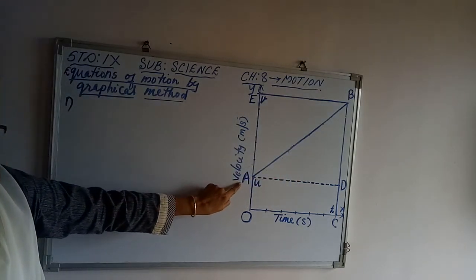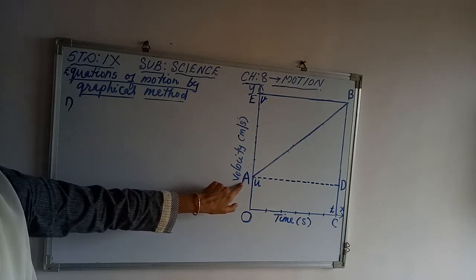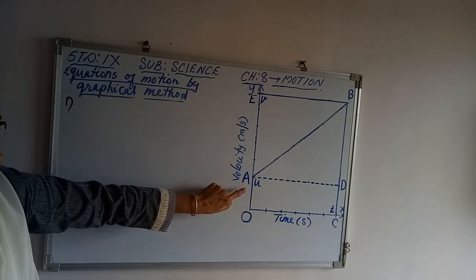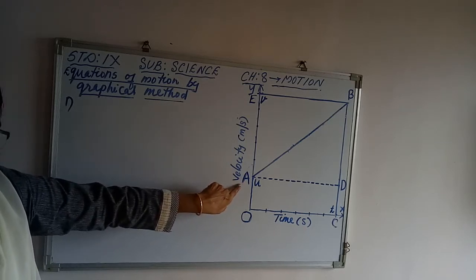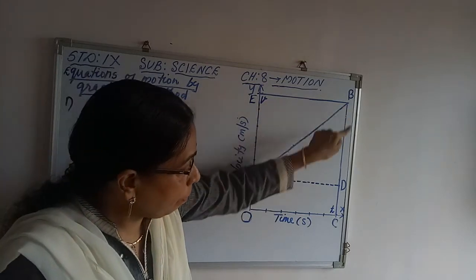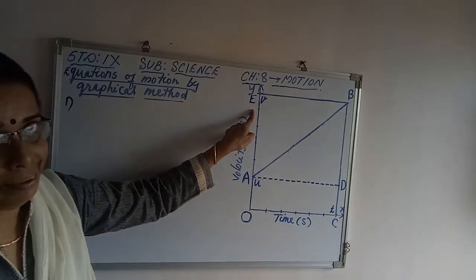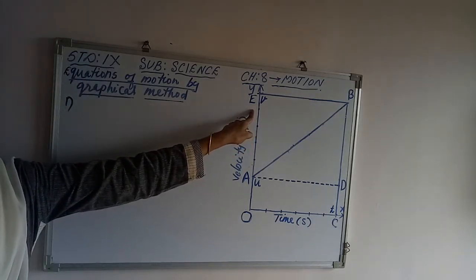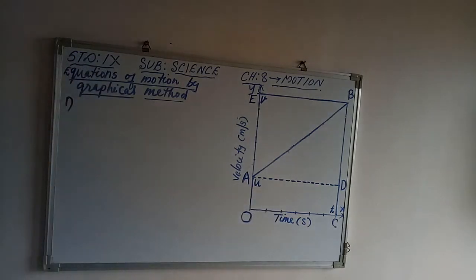When the object is at the point A, the initial velocity is U. This is all you have to write in the introductory part. The object is at the point A, the initial velocity U, that is OA is equal to U. And the final velocity, that is BC, is equal to V after the time t. Is that clear to you? Now what's the construction? Draw AD parallel to OC.